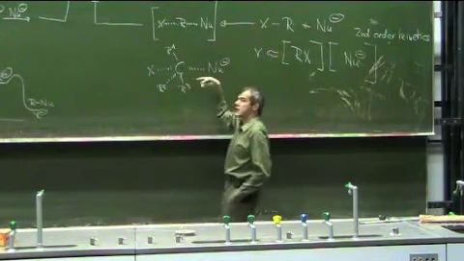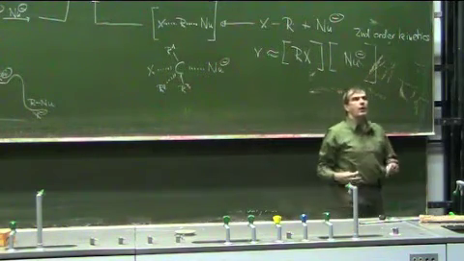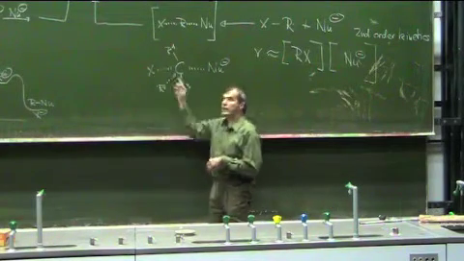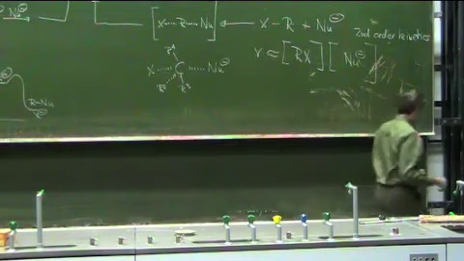Because in the transition state, there's crowding. You have to somehow accommodate an additional group, although there is, on the other hand, also a group already leaving.